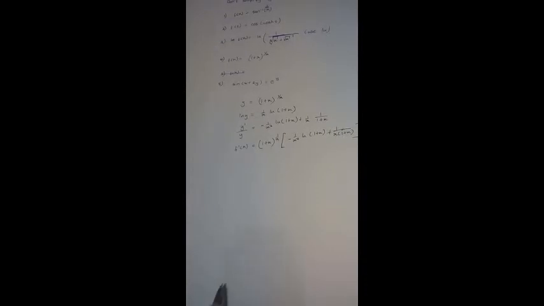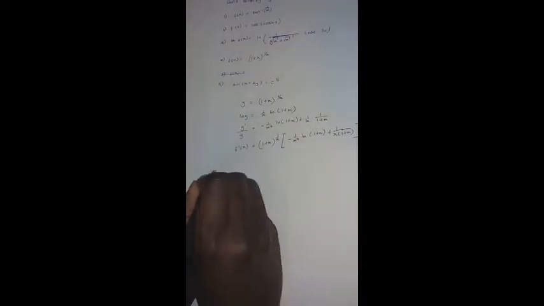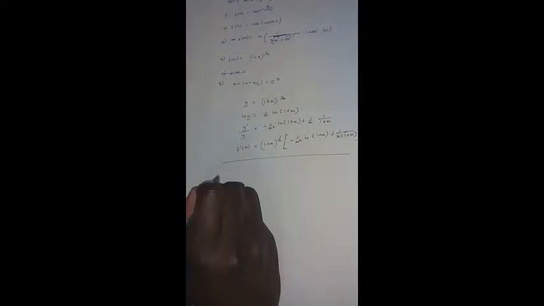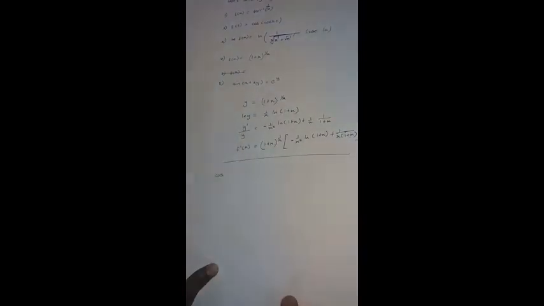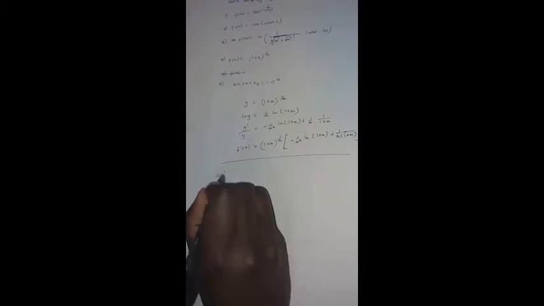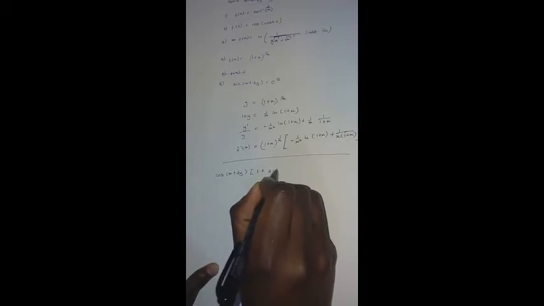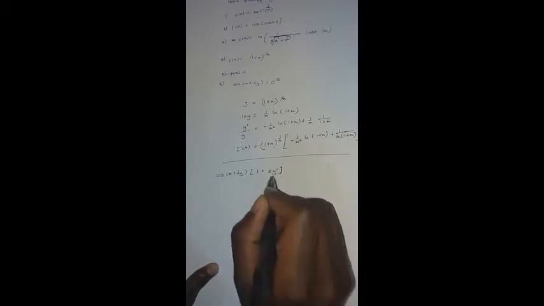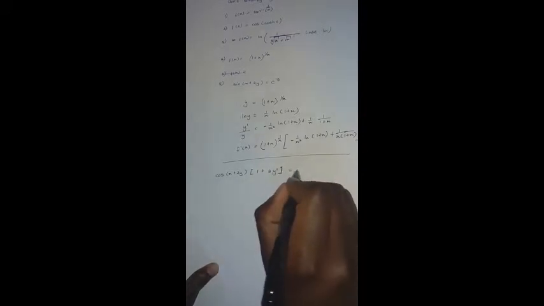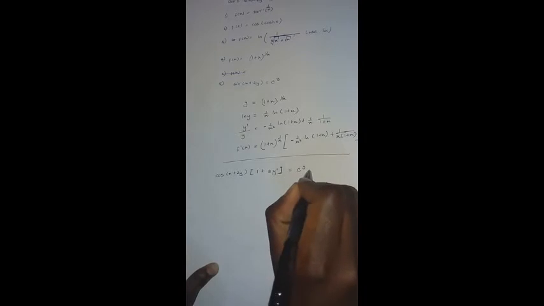So for this one you're going to get cos of x plus 2y, and then the derivative of what's inside, so that will be 1 plus 2y prime, being equal to e to the y times y prime.